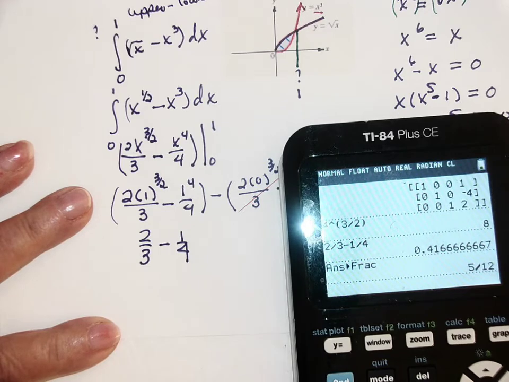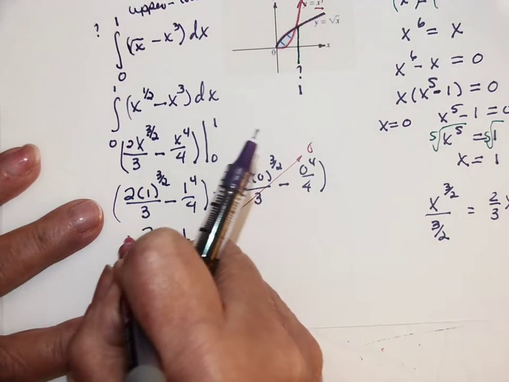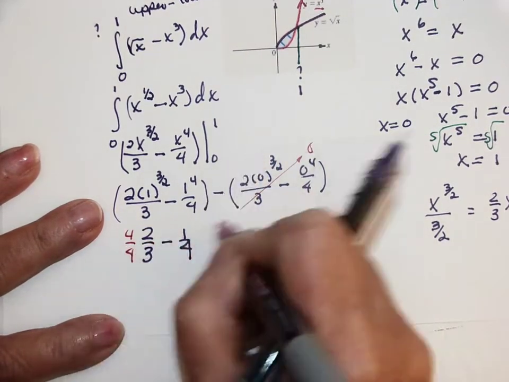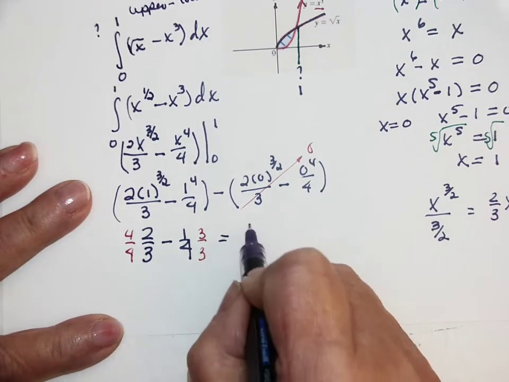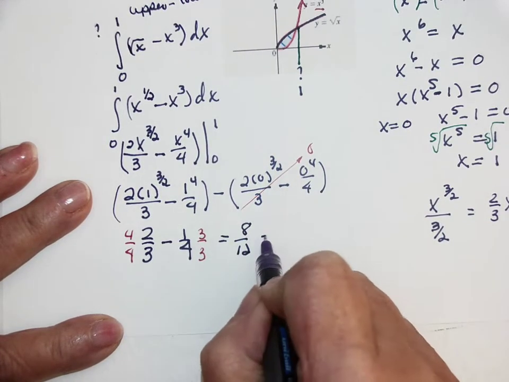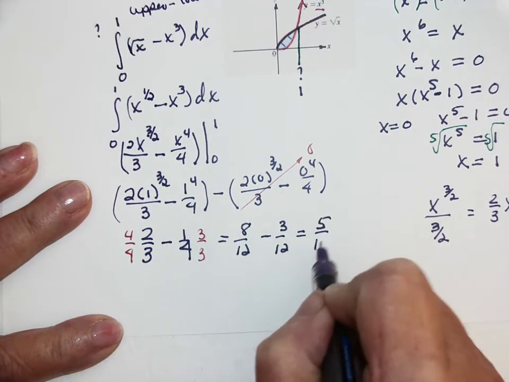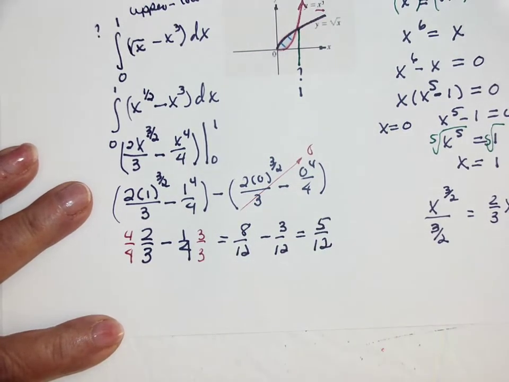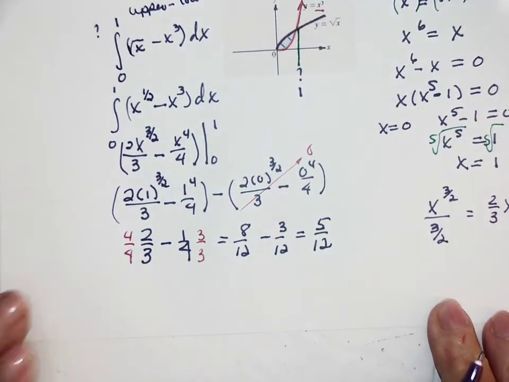It's going to be 5/12. Or we can do it the hard way. This is 4/4. This is 3/3, which is 8/12 minus 3/12, or 5 divided by 12. So that's the area that's under that curve, between those two.